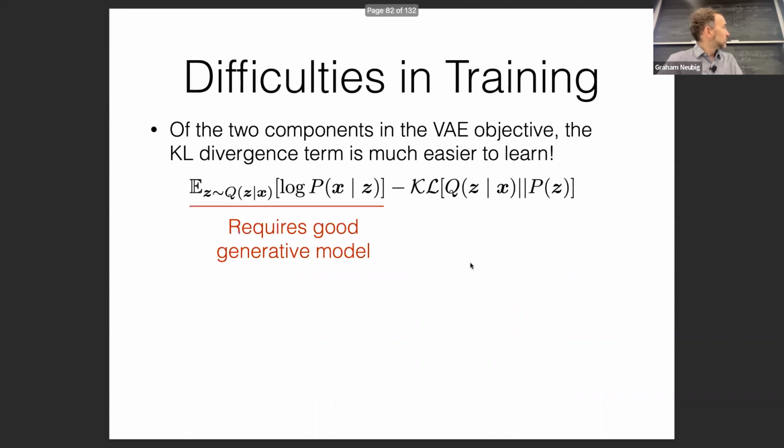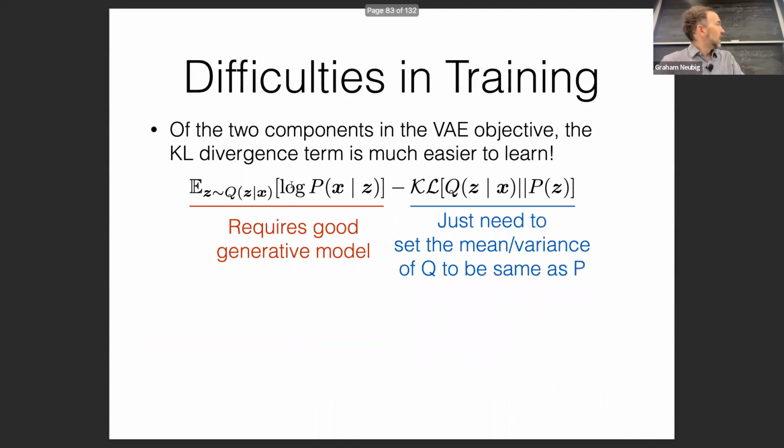Yeah, so essentially on the left side here, this requires a good generative model. So this requires your model to actually be able to generate your outputs X. However, for the right side, all you need to do is set the mean and variance to be the same as the prior. So you set the mean to be 0 and the variance to be 1, and you get something exactly the same as the prior, and the KL divergence term goes to 0.